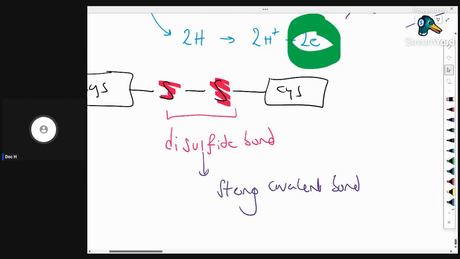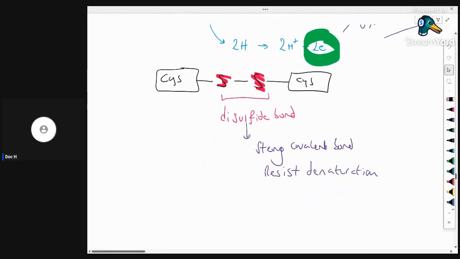And this helps the proteins resist being denatured. So it helps resist denaturation. If you've got lots of cysteines in your primary amino acid sequence, you're more likely to have a more stable structure.